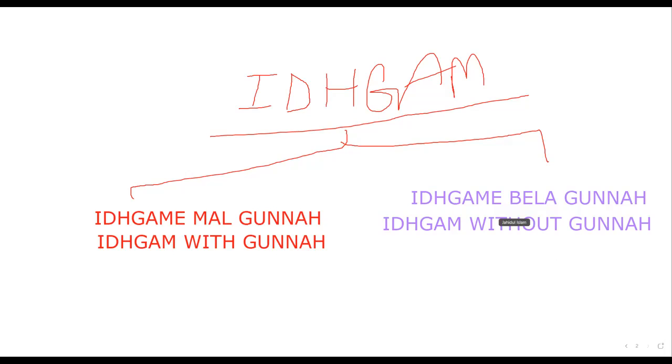So if we learn the two letters, then we know that the rest of the four letters are for idgham ma'al gunna. Idgham bila gunna or idgham without gunna has two letters, and those two are lam and ra, or ra and lam.